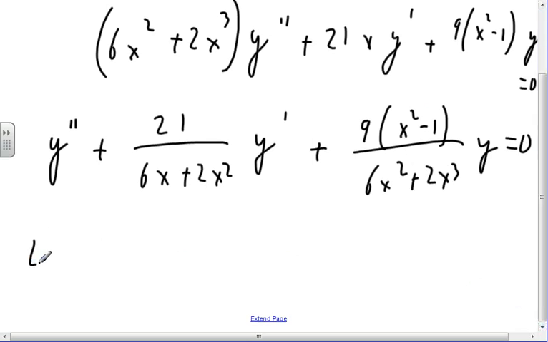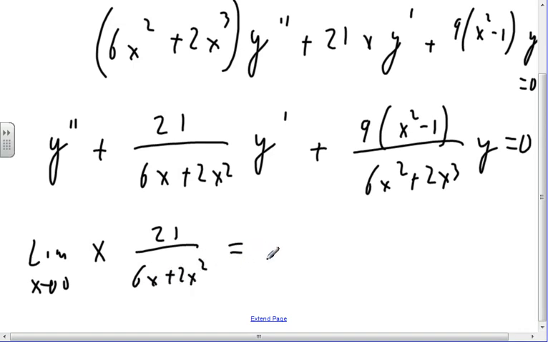I'm going to look at the limit as x approaches 0 of x times 21 over (6x plus 2x squared). Okay, and I see that that's going to be 21 over 6.